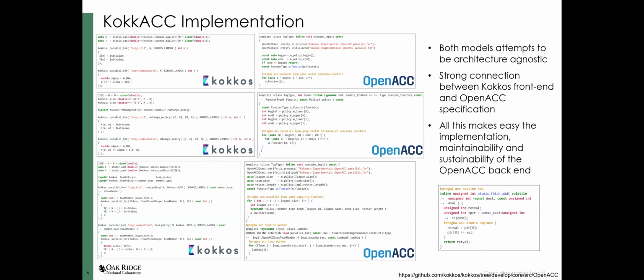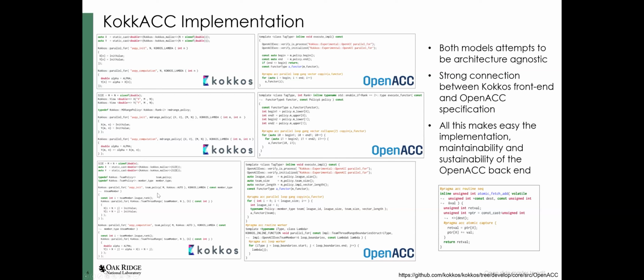So, for instance, on the left we see 3 different, very simple examples of Kokkos code to compute the AXPY operation on vectors using a single range on the top, and using a multidimensional range in the middle. So we are computing the AXPY operation on matrices instead of on vectors.